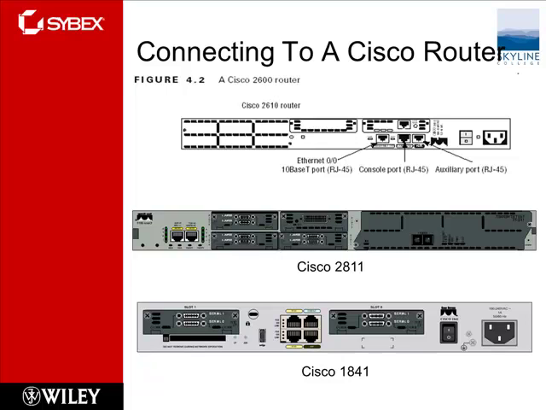You have to get a USB to serial converter. These things are still serial. A lot of the routers come with USB ports on them. That's not for communication. That's for memory. Memory modules go into those things, so you can't plug those in. They still go through the console port.